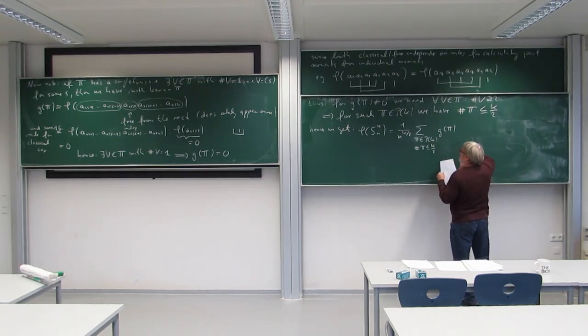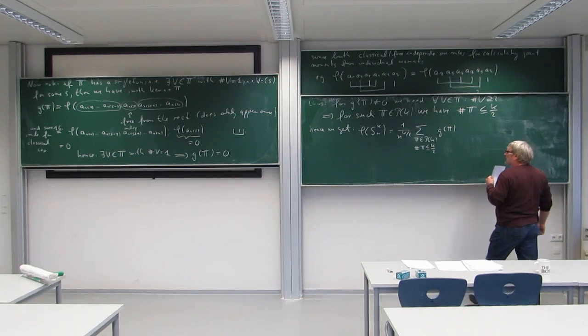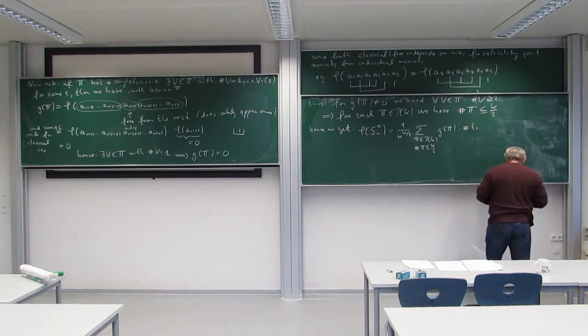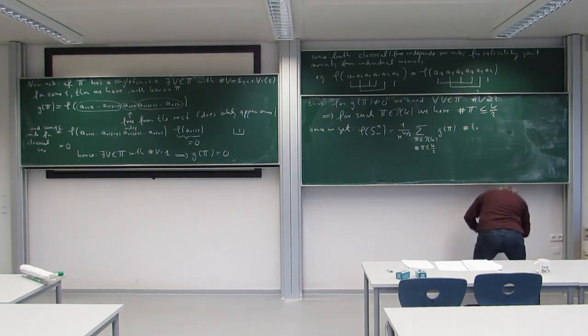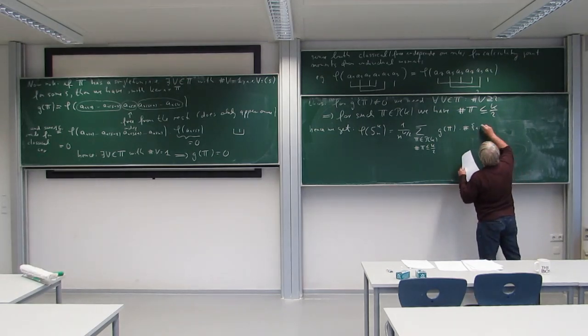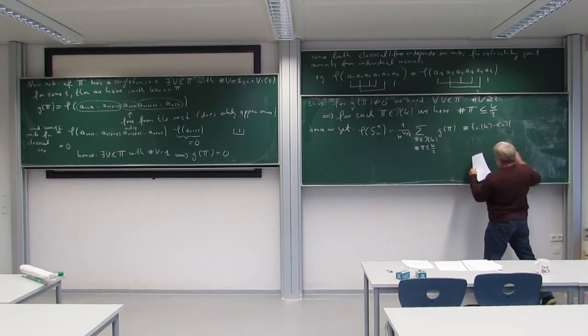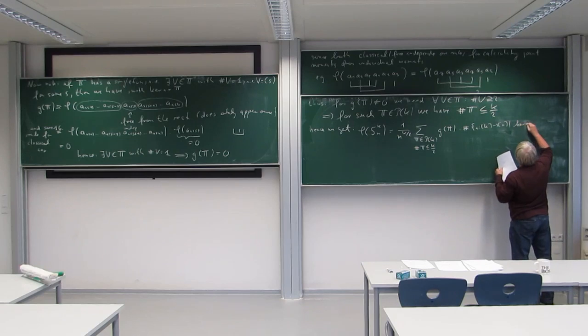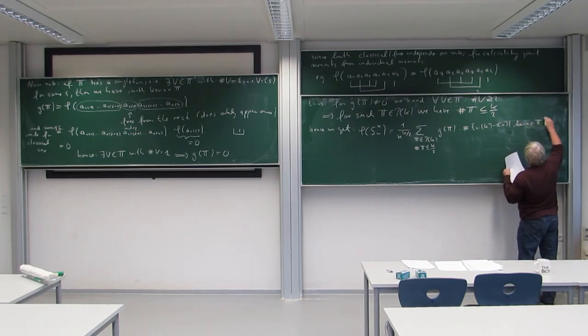And then I have here the number of multi-indices from k which have this pi as their kernel. So the kernel of i is equal to pi.